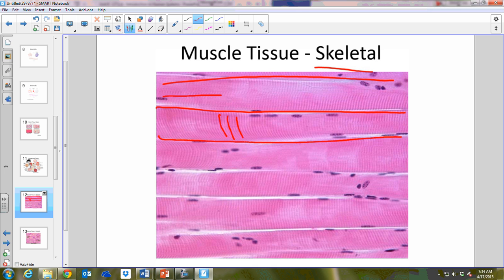Those bars just get closer together, and if you have a bone connected on this end and on this end, those two bones get closer together. They contract. It causes those two bones to move. Like when you bend your arm towards your body, your muscle has to contract in order to do that. In order to straighten your arm back out, something else has to contract on the other side.